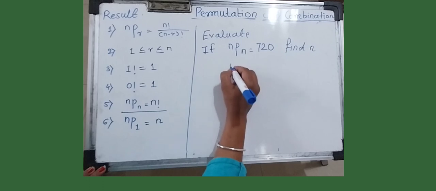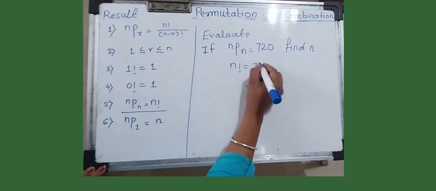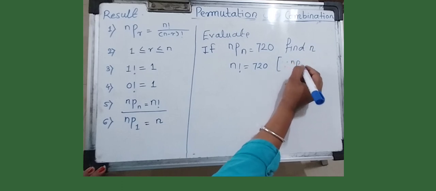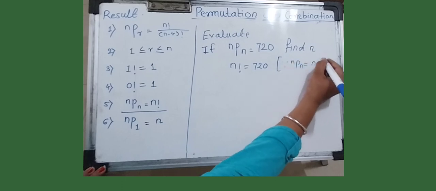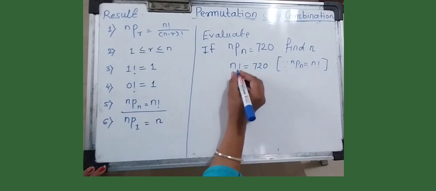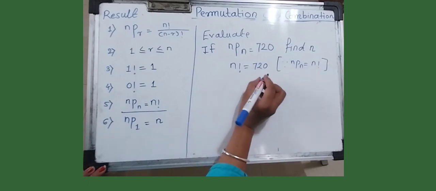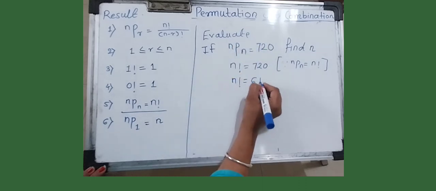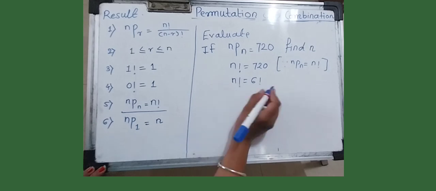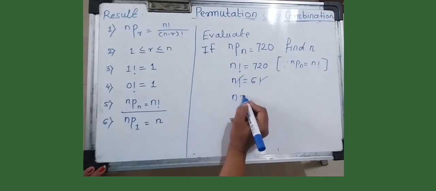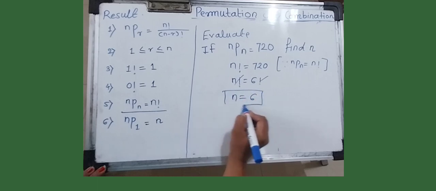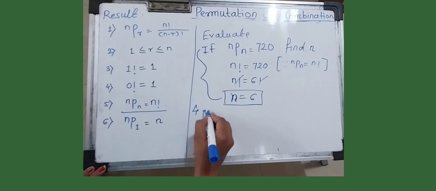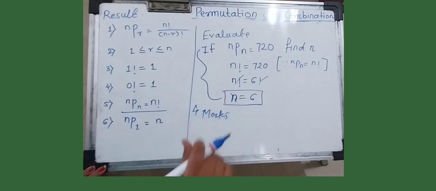So n factorial equal to 720. We already know 720 is 6 factorial. So I write here n factorial equal to 6 factorial. On both sides the factorial notation gets cancelled. So n equal to 6. From these steps you will get the 4 marks. Clear?